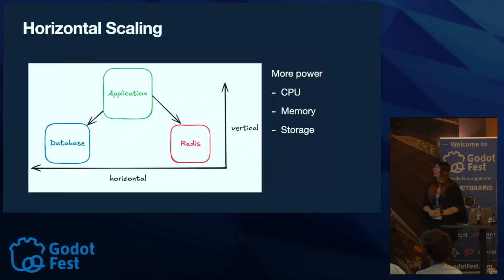At vertical, we are, I flipped it, sorry, it's the vertical. We give our machine more power, like we increase CPU, memory, or storage. This also increases the cost a lot, and there are limitations. Somehow there is an end to how much CPU I can put in a real server.